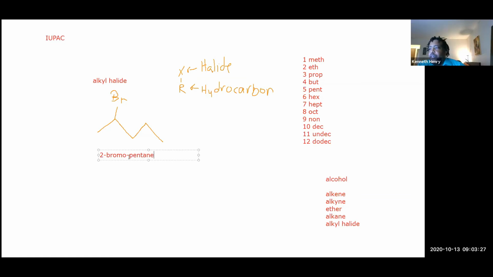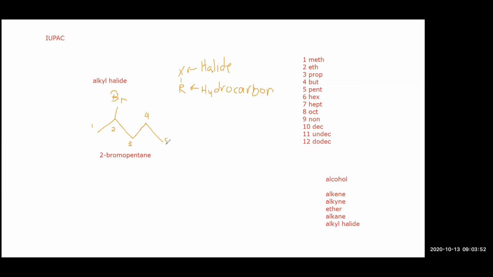So this guy would be called, actually, you don't even need the dash, 2-bromopentane, because you have a halide on the second carbon. You see that? Piece of cake. Are you with me?